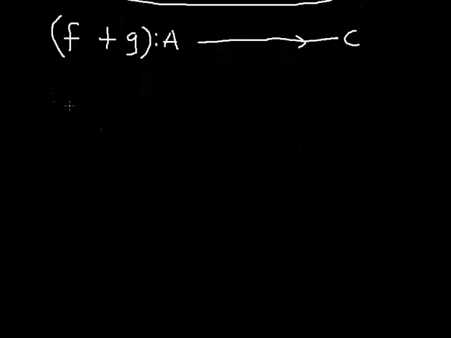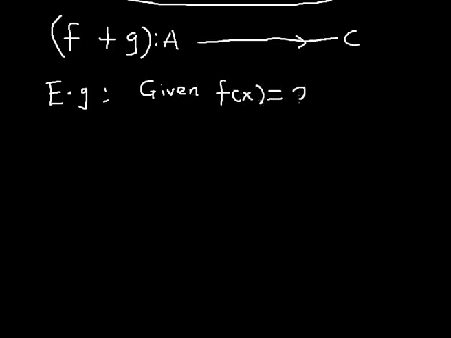Now let's look at a typical example. Let's say you are given two functions: f of x is equal to 2x minus 1, and another function, g of x, is 3x plus 2.